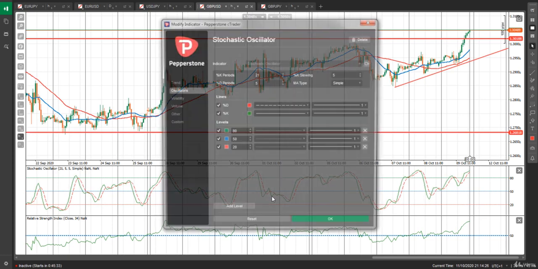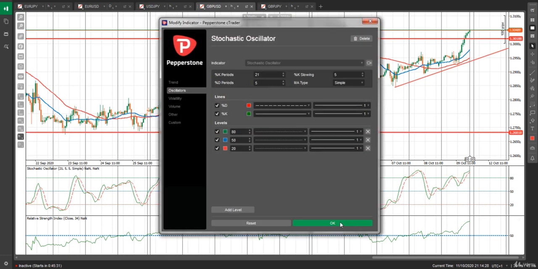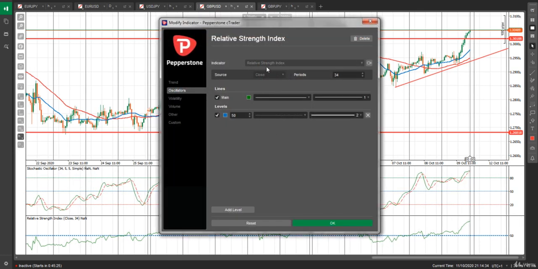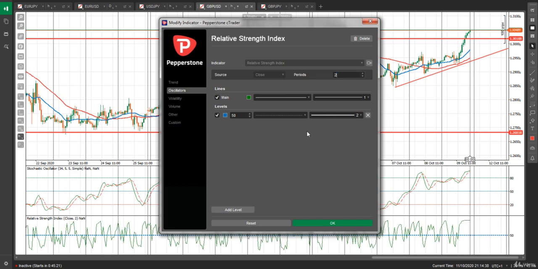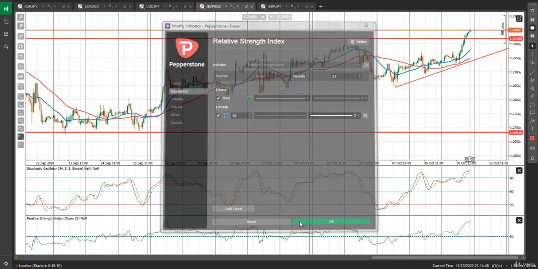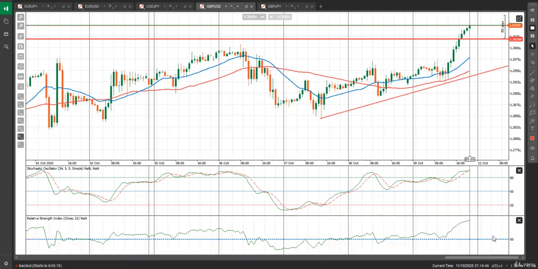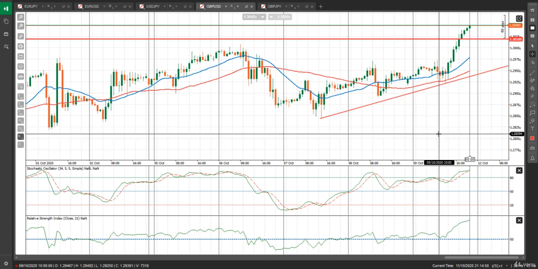I made a mistake here. Here the stochastic must be 34, the RSI 21, yes. So our indicators are telling us that it's trending up. Stochastic also.